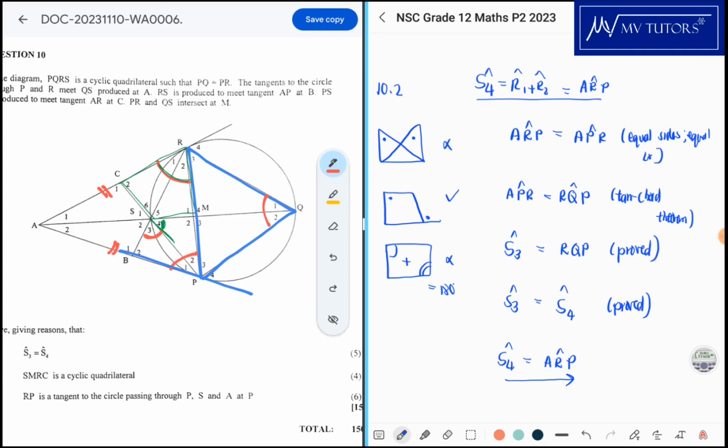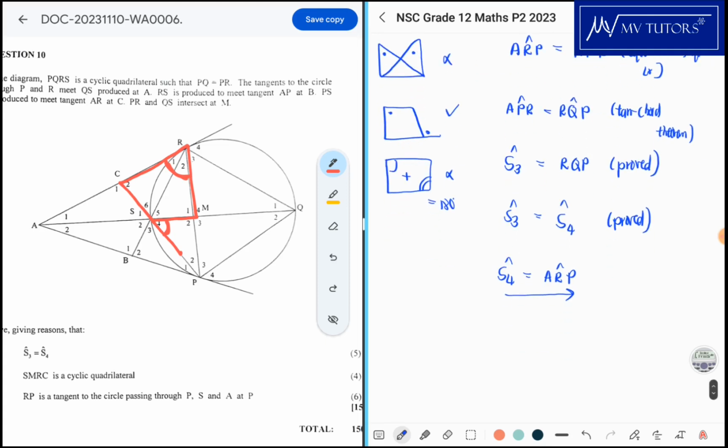All right, now let's get back to everything that I've mentioned over here. If I'm saying S4, there's S4. I'm trying to show that this is the cyclic quad, sorry, we're saying S4 is equal to ARP.